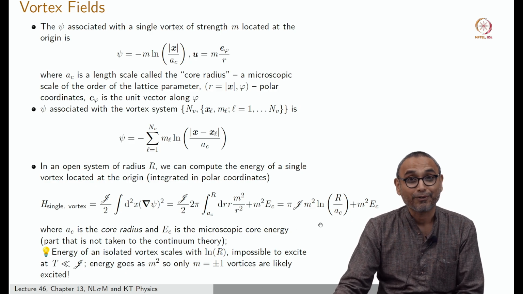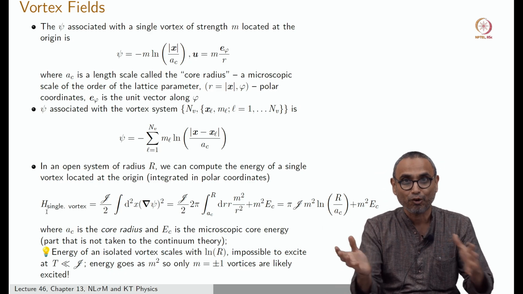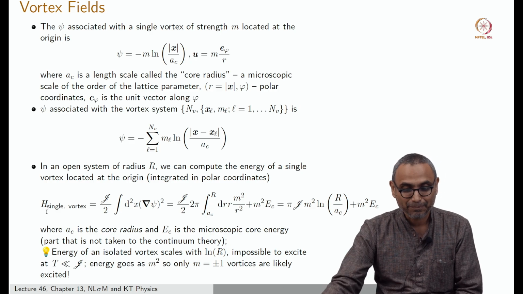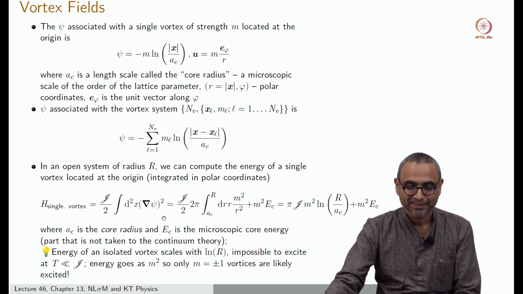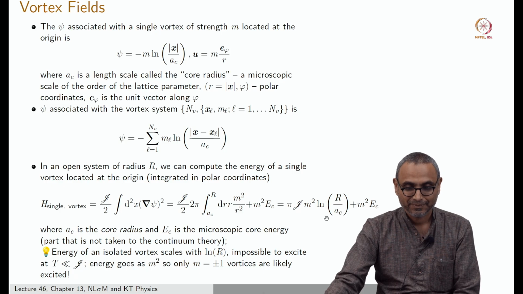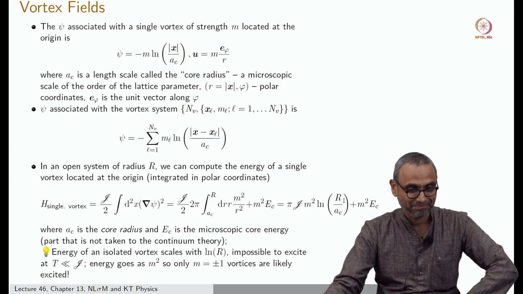So therefore, I find a very beautiful result that if I have a single vortex excitation, I will end up getting an energy which is pi times J, J is our coupling constant, times m square, times log of R by a_c, where R, remember, is the system size.